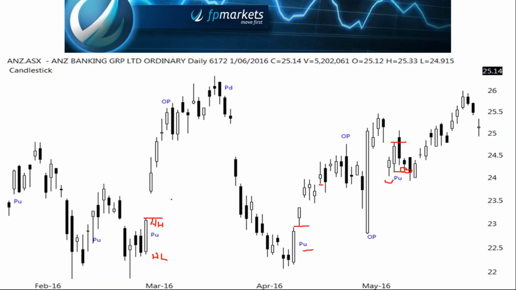So the winning size of the trade will become larger than the loss, and there'll be a number of losses along the way. It's inevitable that will occur.